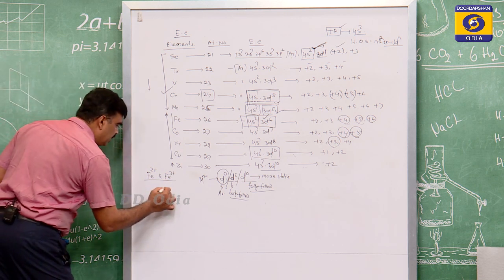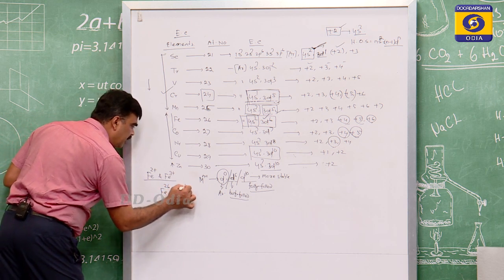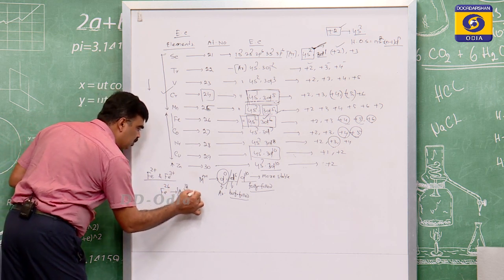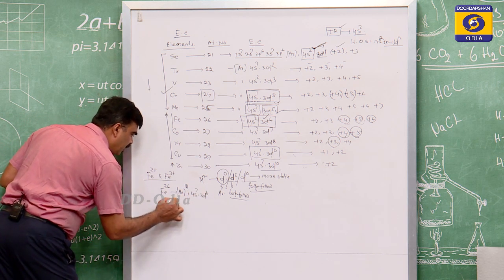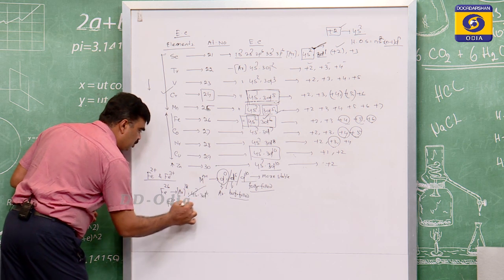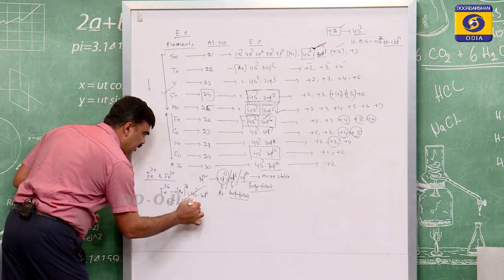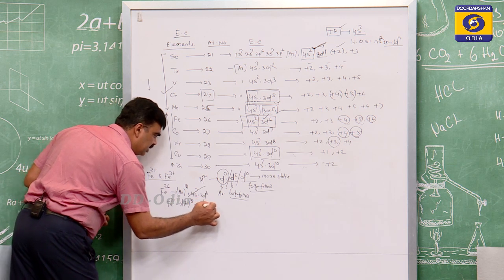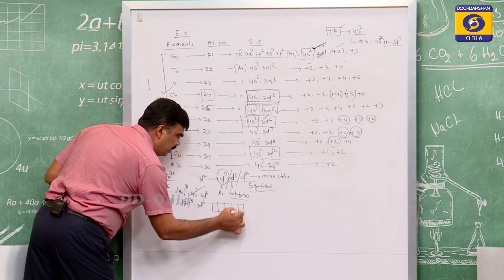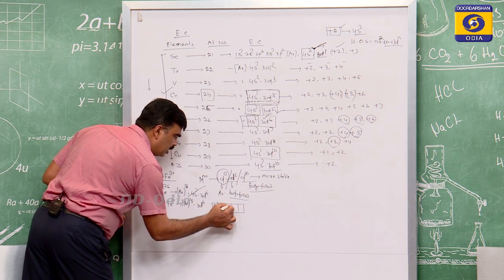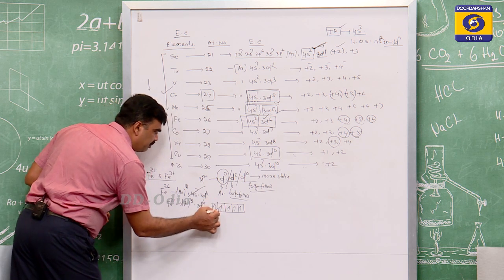In ferrous, you see iron 26, argon 18. How to write? 4s2, 3d6, right? In Fe2+ you have to remove these 2 electrons. That means argon 18 and 3d6. 3d6 means, now fill up the d orbitals: 1, 1, 1, there are 5, all the d orbitals are now singly occupied, and this is a pairing.